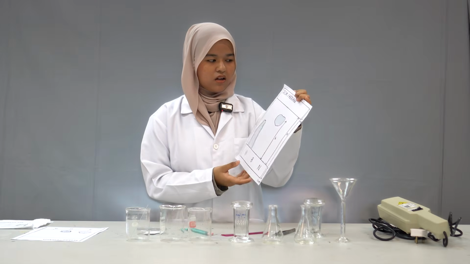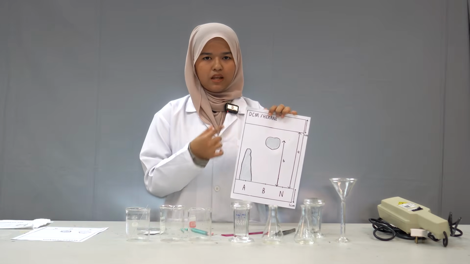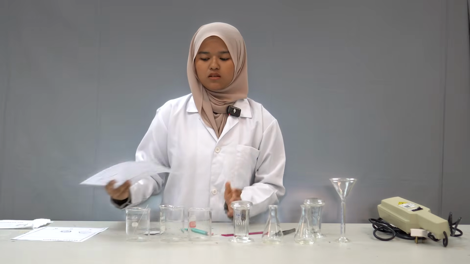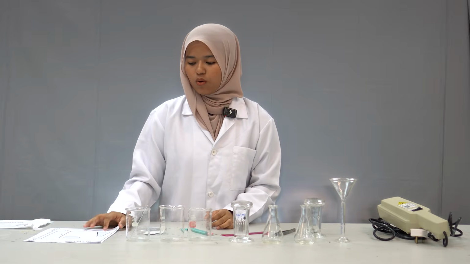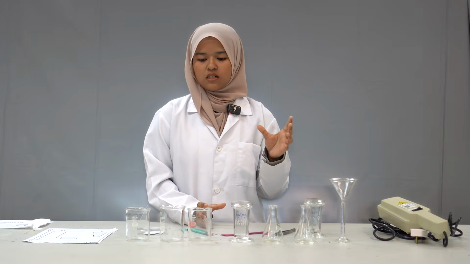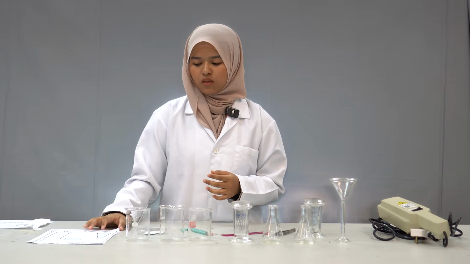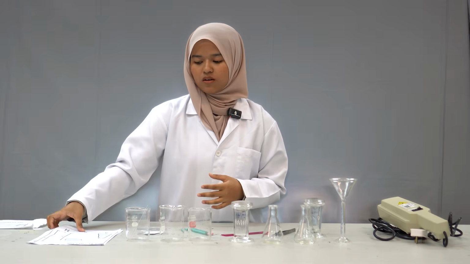It is because the DCM and hexane solution is moderately polar. Our silica gel is also polar, so the solvent will react with our silica gel, which means that our acid and base will move further from the silica gel.